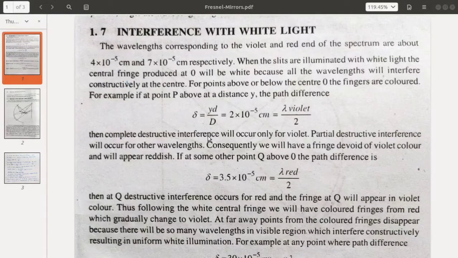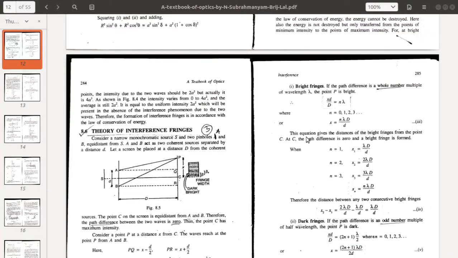For example, I can show you the previous figure again for your ease. In this figure the central point is O. This is the previous figure where we used the monochromatic source of light.